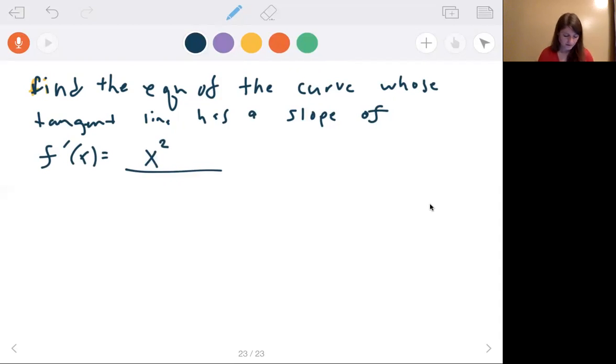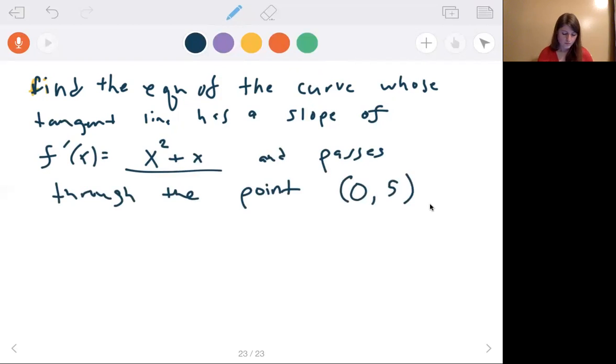And let's make it a little bit more complicated. Let's make it x squared plus x. And passes through the point 0, 5.